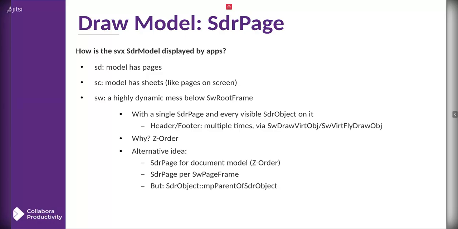So during editing, the objects will move around. They may move from one page to another page, and during all of this editing, the Z order must not change. And the easiest way to ensure that for all objects is to have a single draw page.